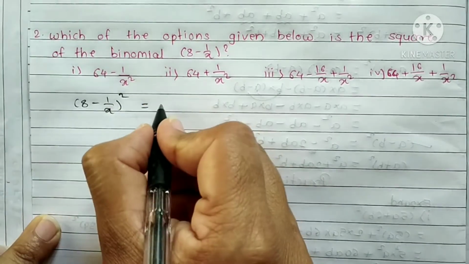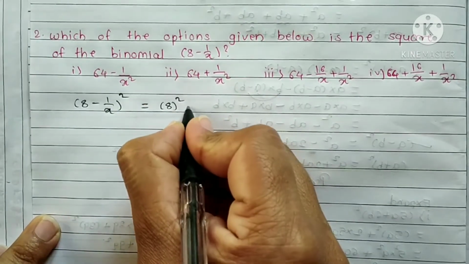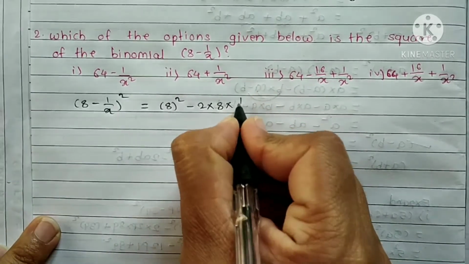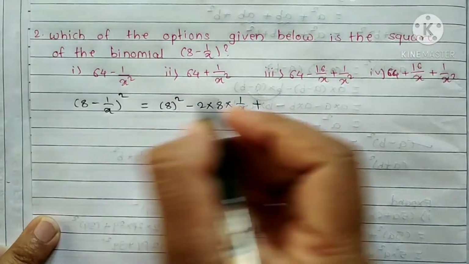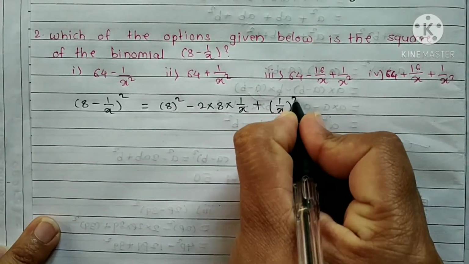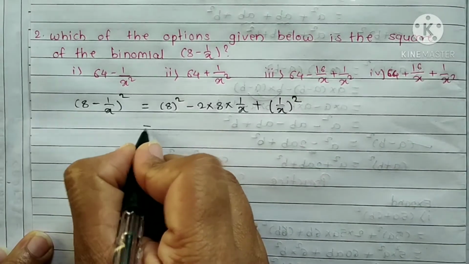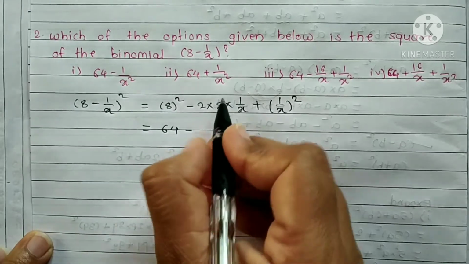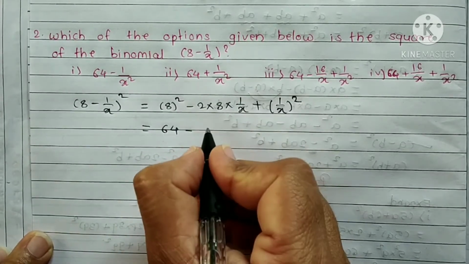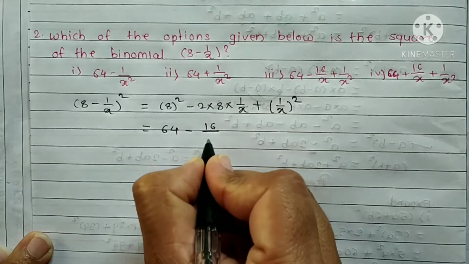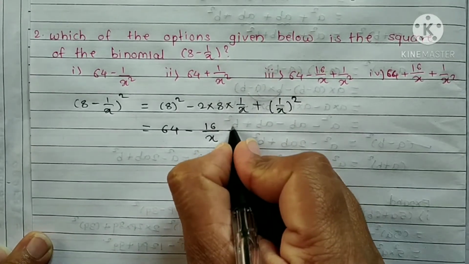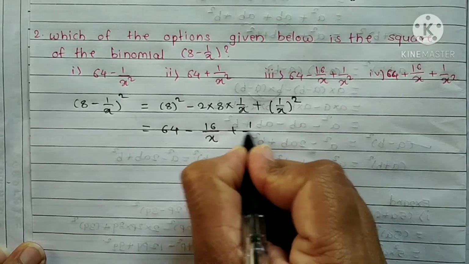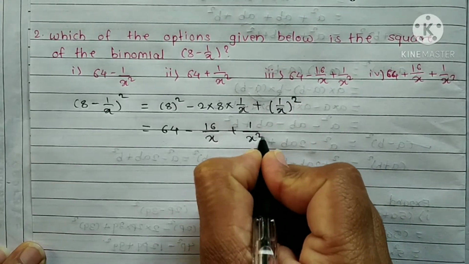That is the square of the first term, a square, minus 2 into first term into second term, that is 8 into 1 upon x, plus the square of the second term, that is (1 upon x) whole square. 8 square is 64, minus 8 twos are 16 upon x, plus (1 upon x) whole square, that is 1 square upon x square. 1 square is always 1, and upon x square.